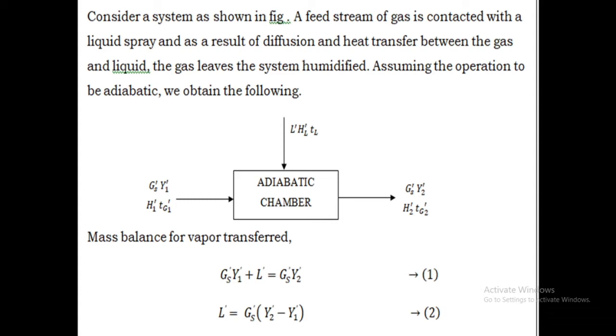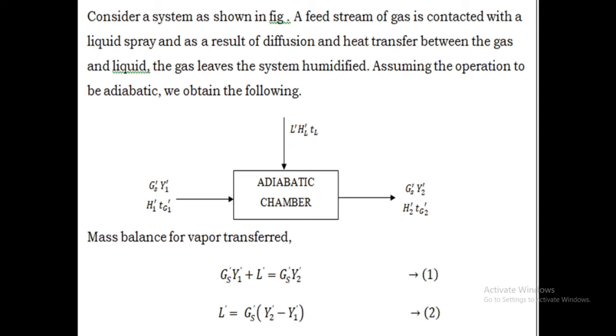As a result of diffusion and heat transfer between gas and liquid, the gas leaves the system humidified. So here outlet, this is the humidified gas Gs'. That is the gas flow rate at outlet, Y2' outlet absolute humidity, outlet enthalpy H2', outlet dry bulb temperature Tg2'.